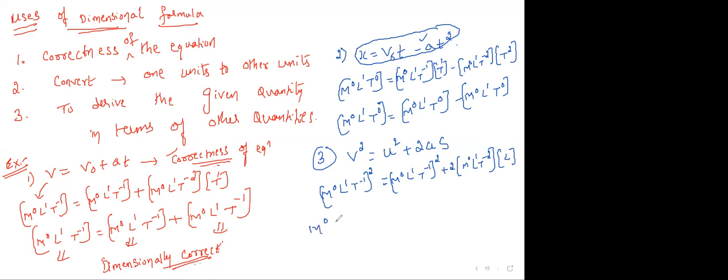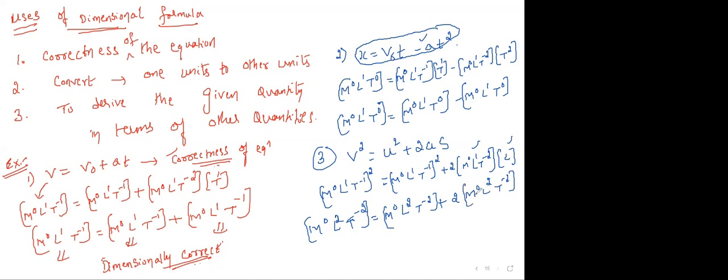So M power 0, L power 2, T power minus 2. Here M power 0, L power 1 into 2 will be 2, T power minus 2, plus 2 into M power 0, L power 1 into L, the value will be L power 2, T power minus 2.